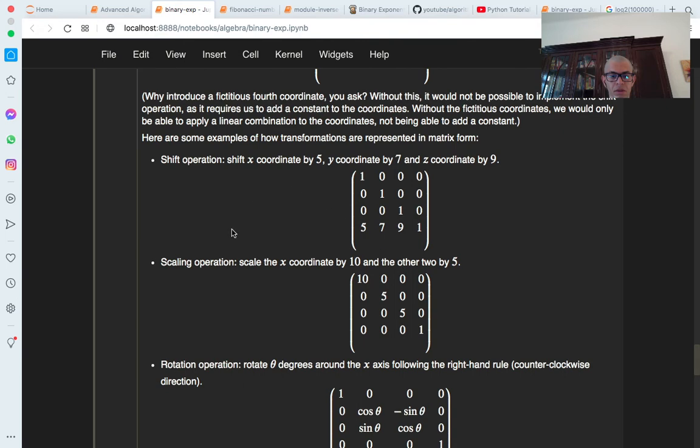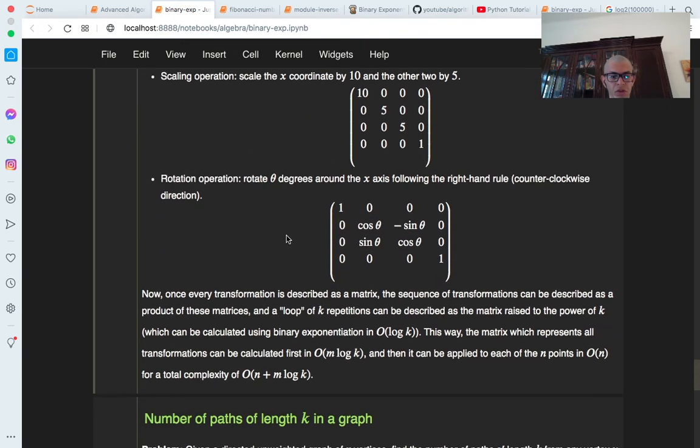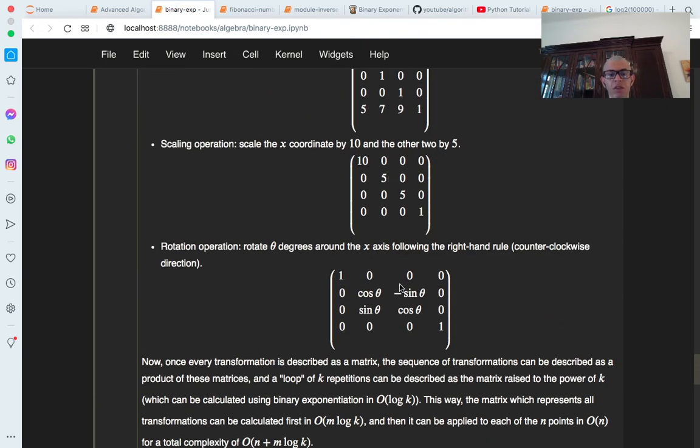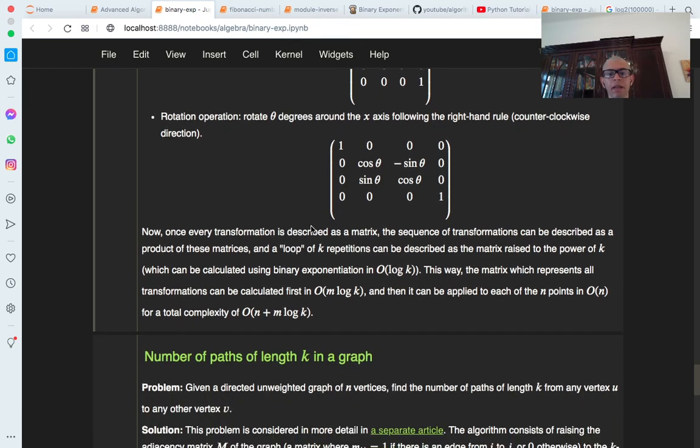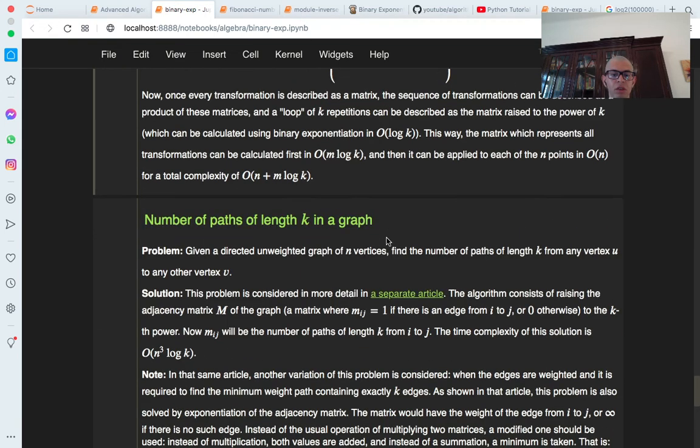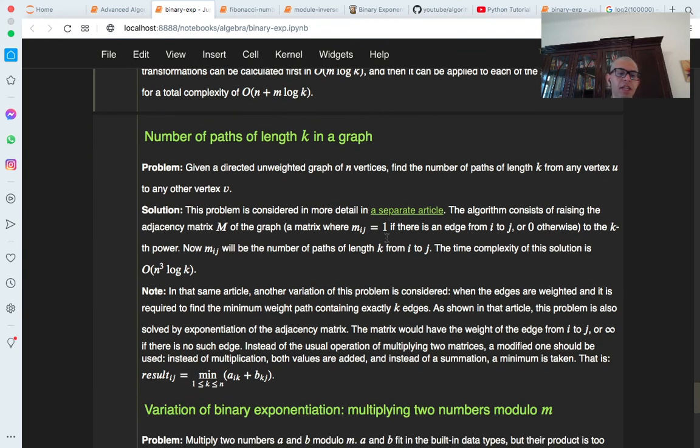Applying those transformations k times is raising this matrix to the power of k, and we can use binary exponentiation. So it comes in very, very handy.